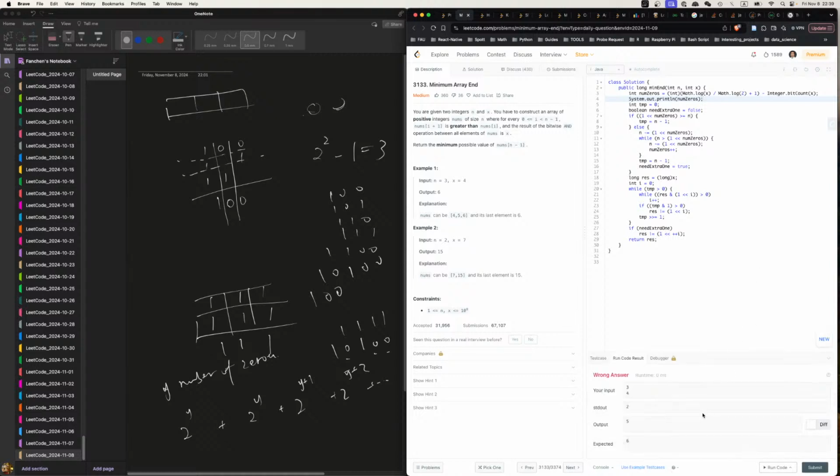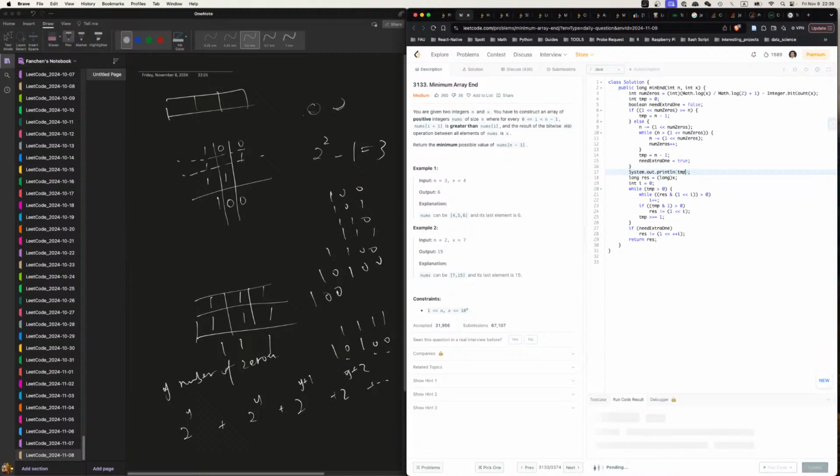Okay, we have 2, that is correct. And 1 left shift 2 is 4, 4 is largely equal to this, so temp shall be 2, right? Temp shall be 2. We can double check on the temp here, so we say temp is 2. Good, temp is 2.